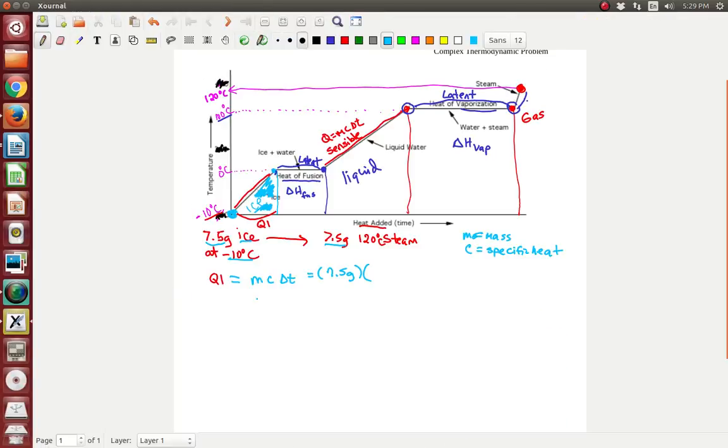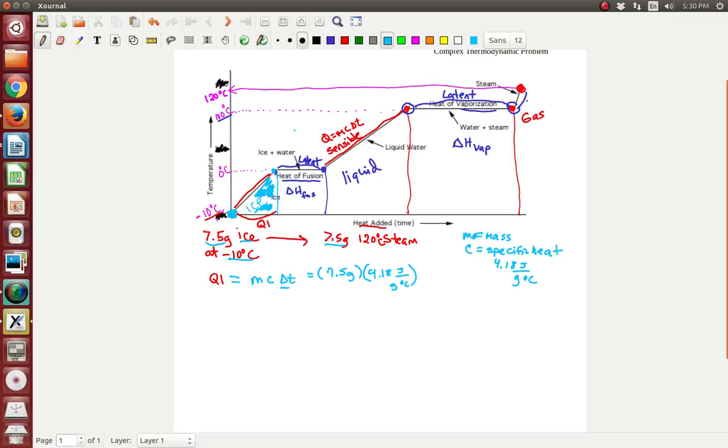All right, so the specific heat for water is 4.18 joules per gram degrees Celsius. So now I'm going to write that in here, 4.18 joules per gram degrees Celsius. And then we're going to multiply it by the change in the temperature, delta T.